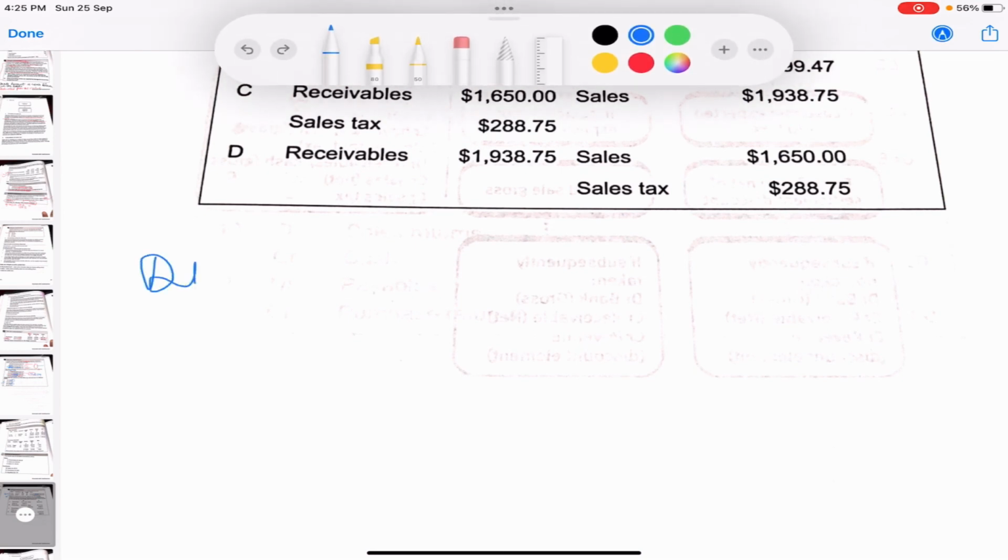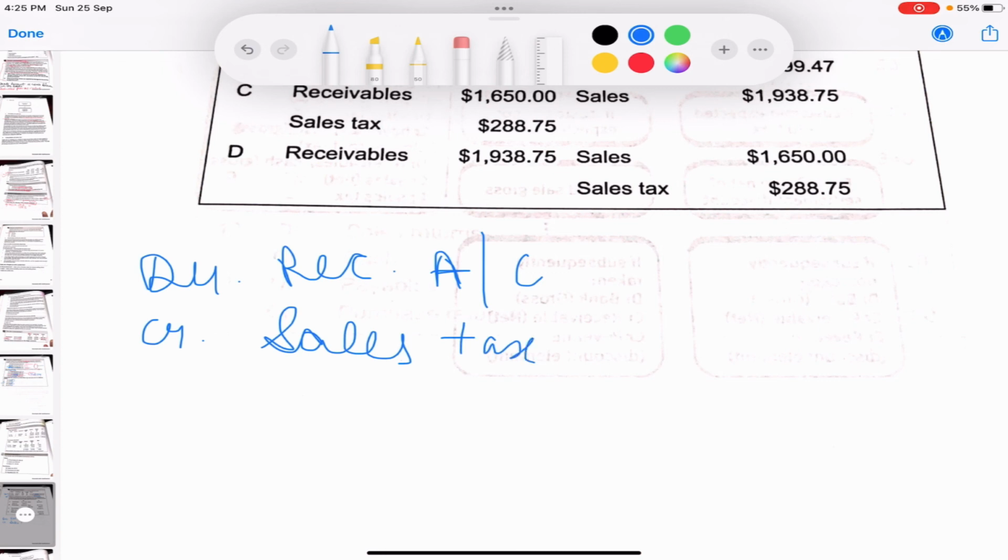So we are going to debit the receivables account. We are going to credit the sales tax account, and we are going to credit the sales.